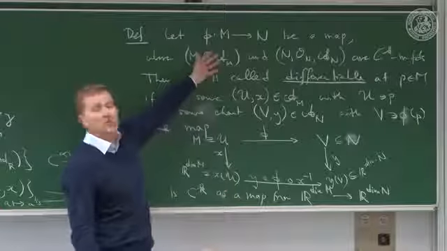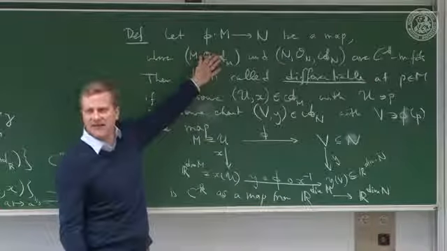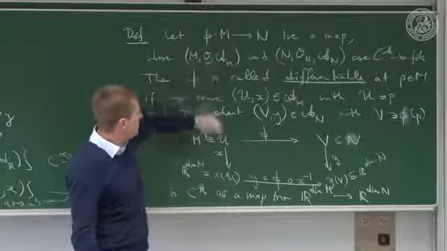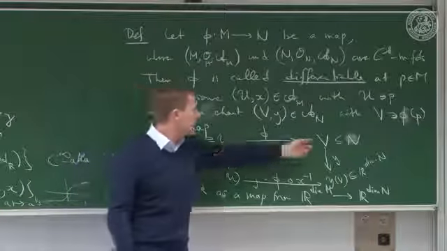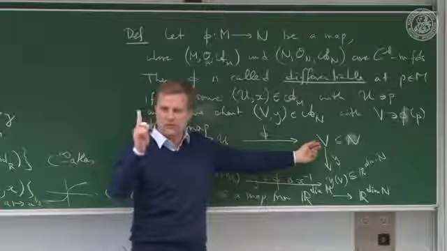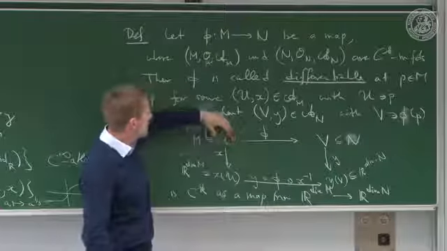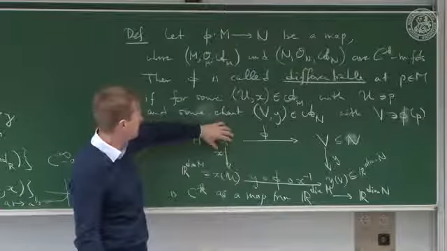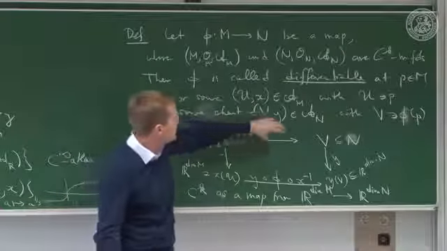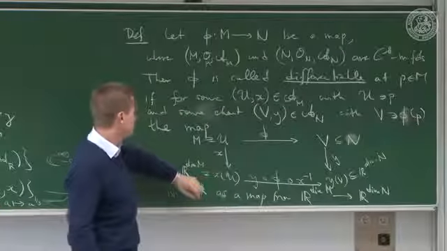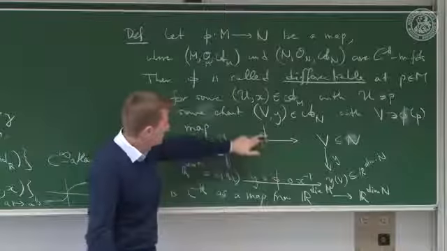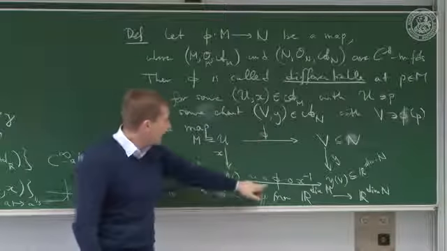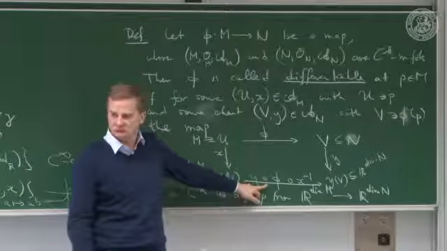But what we do, because we can, because we have an atlas available, the rule of the game is from the available atlases in the domain and the target, but only from the available atlases, pick a chart that covers the point of interest P and the image of that point under the map, and consider the map in its chart representation.